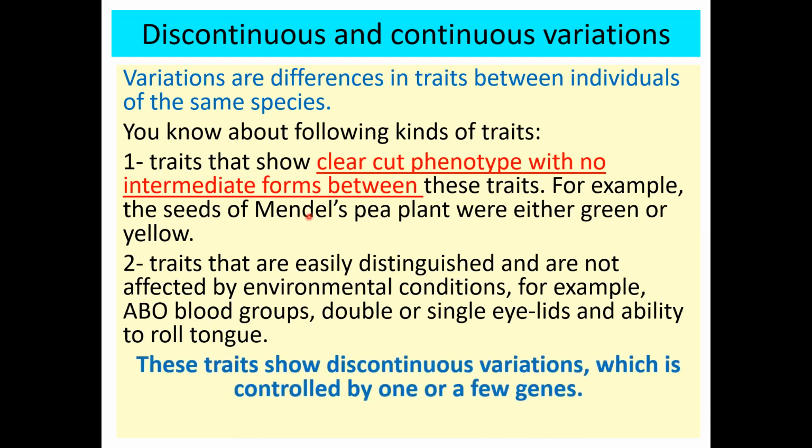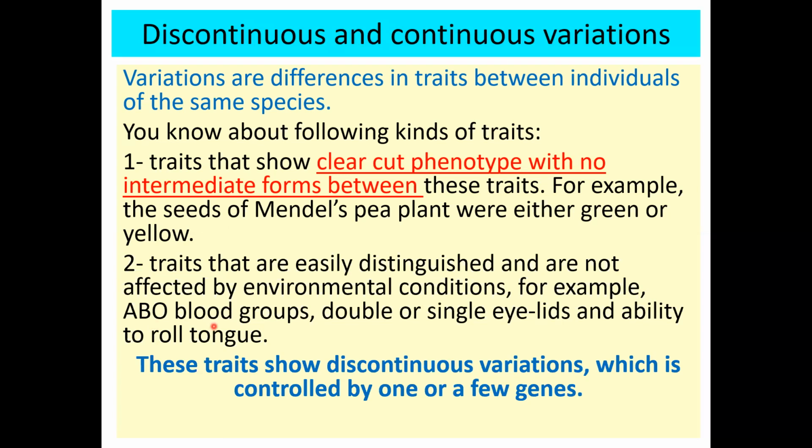It has no intermediate in between. I don't have blood group A dot B or B dot O. My blood group can only be A, B, AB or O. I don't have C, D, E, F, G such types of blood groups.